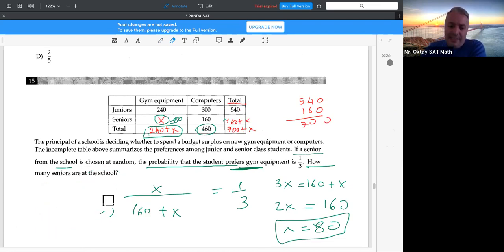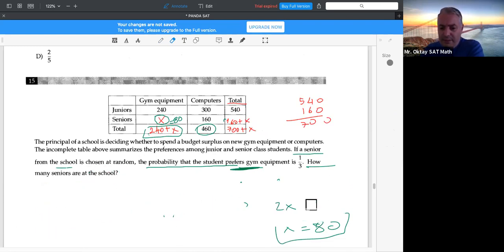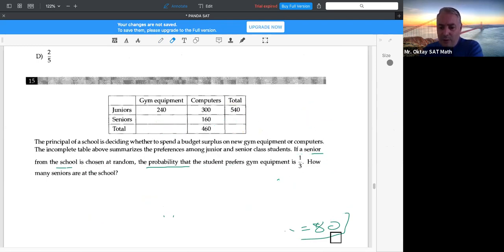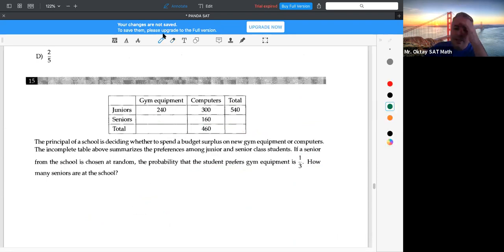No, it's difficult at the beginning, Ahmed, I know, but now it's becoming simple when we see how to solve the question. One more time. So normally, the question says the probability that a student prefers the gym is 1/3.